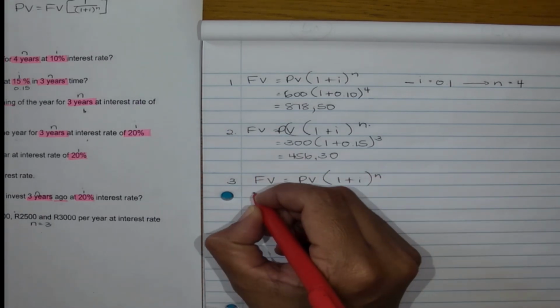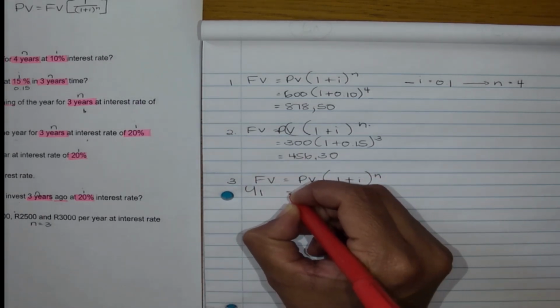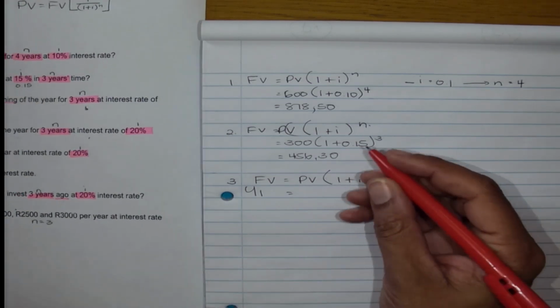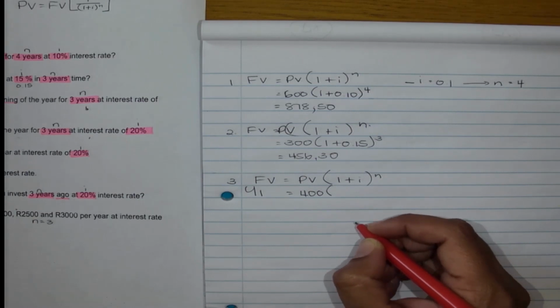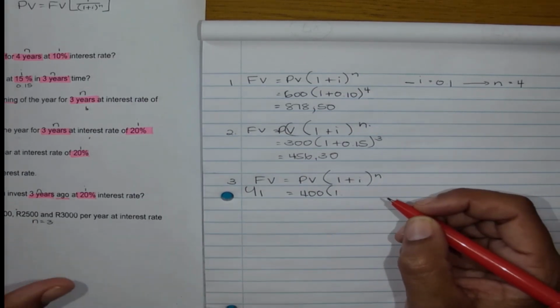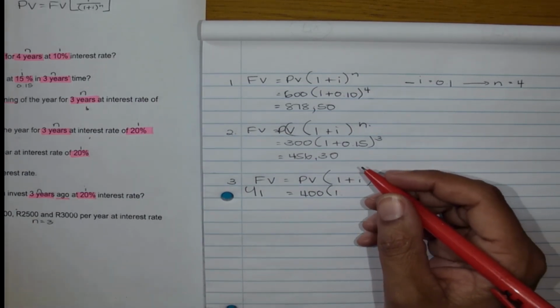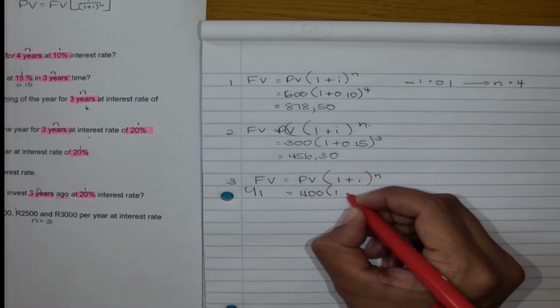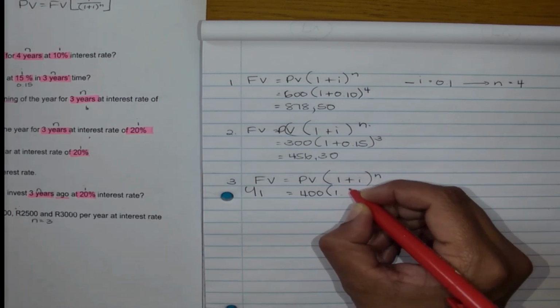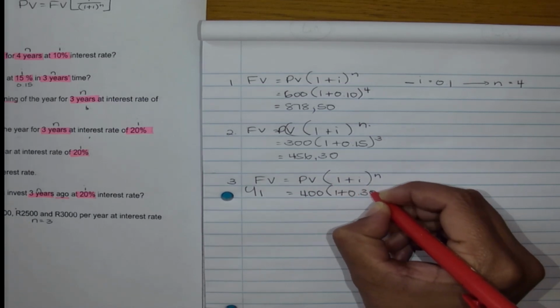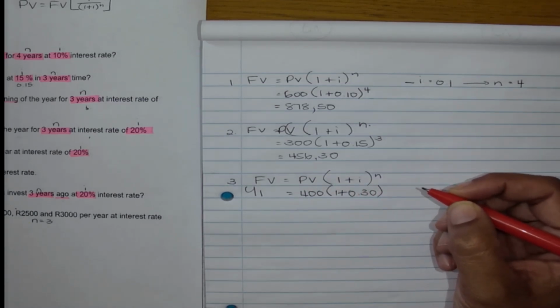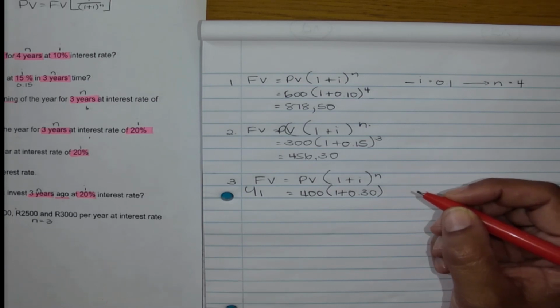So we're going to say year 1 is equal to, what is our present value? They said it's 400, and then we open the bracket, and it's 1 plus our interest, which is 30%, so 0.30. And remember, how long are we still going to get interest?